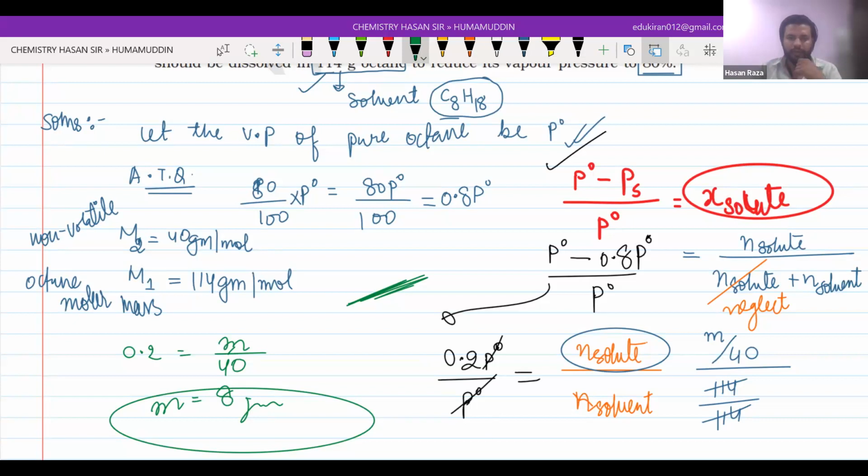Okay, the next question comes from photo 2.33. Just wait.